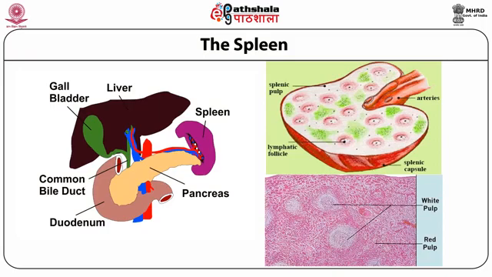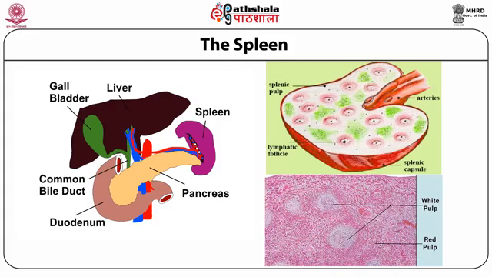The white pulp islands are situated within the red pulp, which is a network of red blood cells, macrophages, and the B cells. The spleen traps the microbes which enter it via the bloodstream. It also has another important function: it removes the dead red blood cells and also the immune complexes.